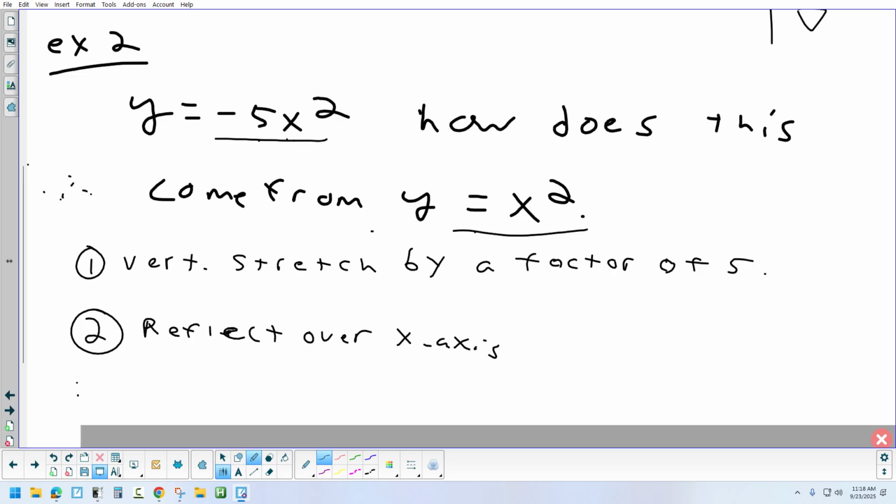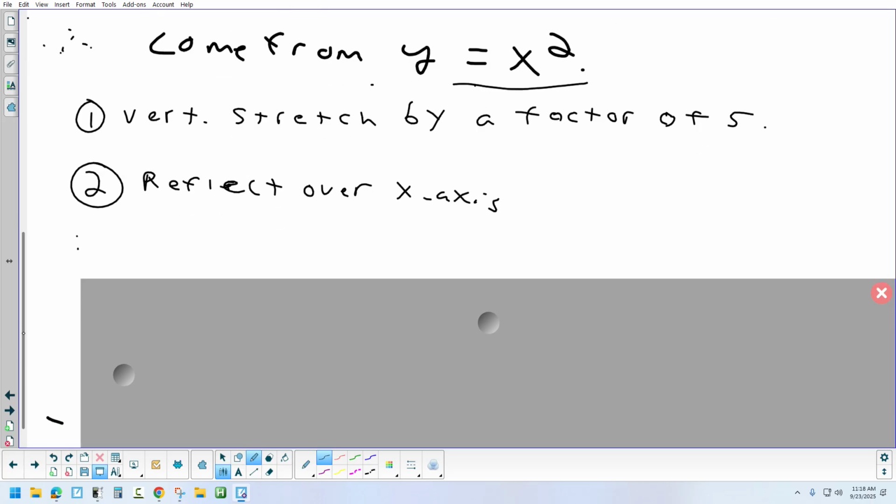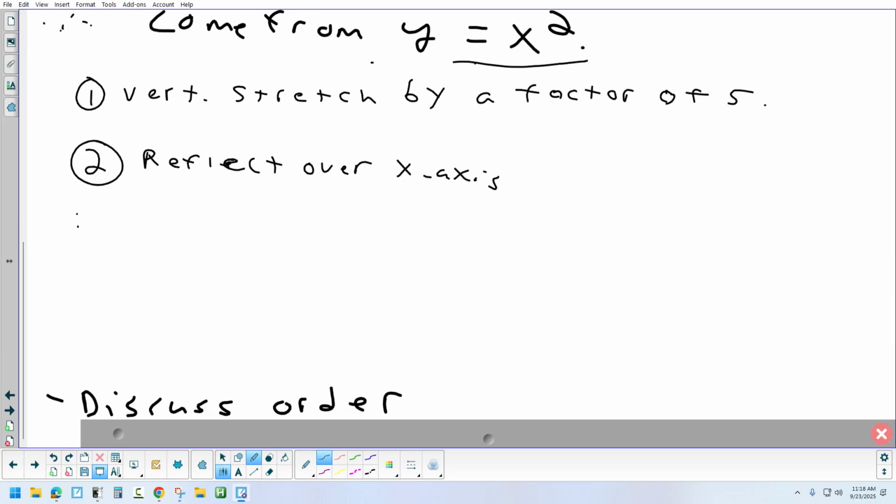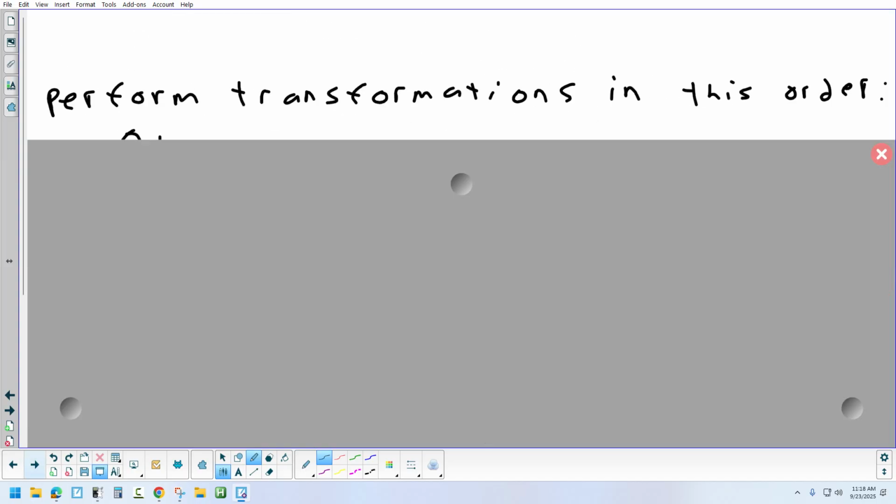Now, in that one, I kind of led you and told you to describe what the 5 does first and what the negative does second. In general, the order that you describe them in is important. When we start getting into more transformations, I'm going to give you an order that you always have to follow when you list them.